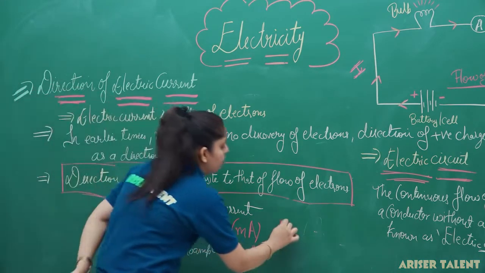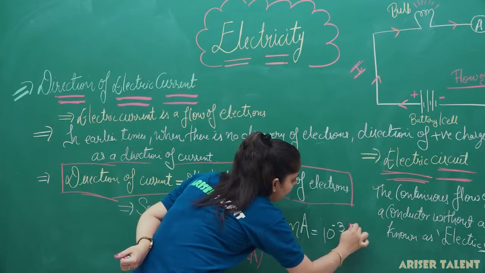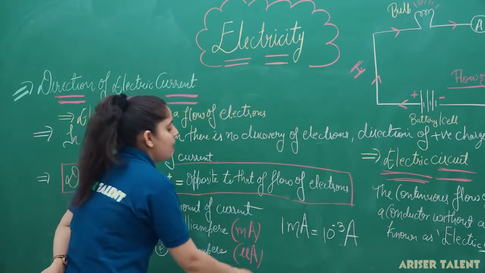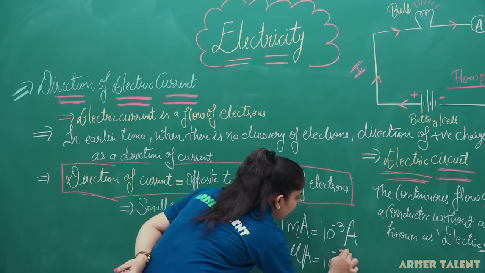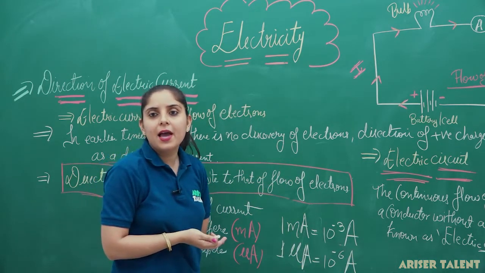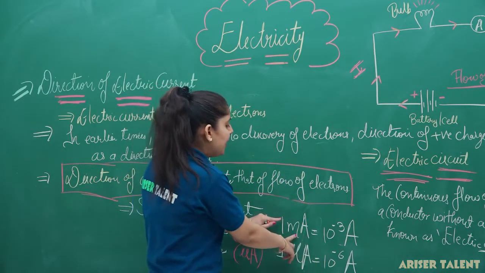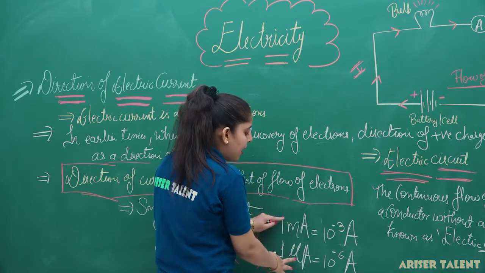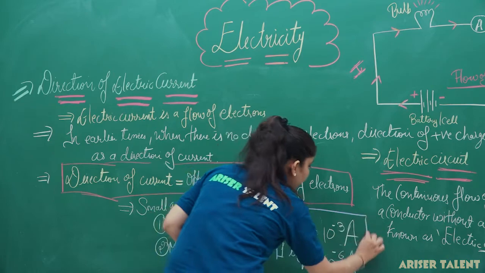Now 1 milliampere will be equal to 10 raised to the power minus 3 ampere, and 1 microampere will be equal to 10 raised to the power minus 6 ampere. So these are the conversion formulas we have, and we will use these conversions in the numericals. Milli means 10 raised to the power minus 3 and micro means 10 raised to the power minus 6.